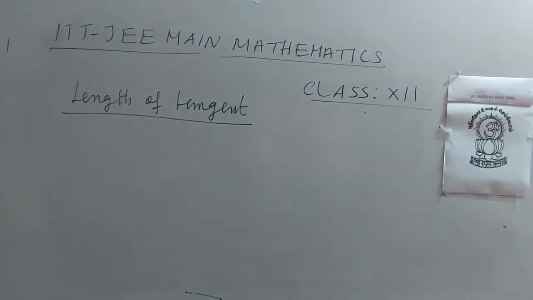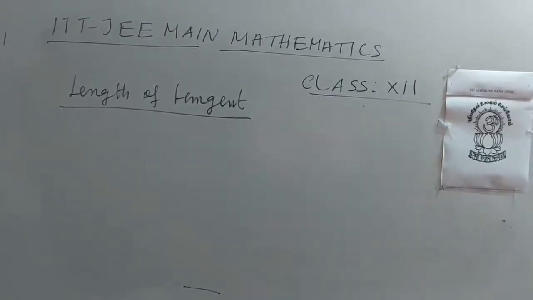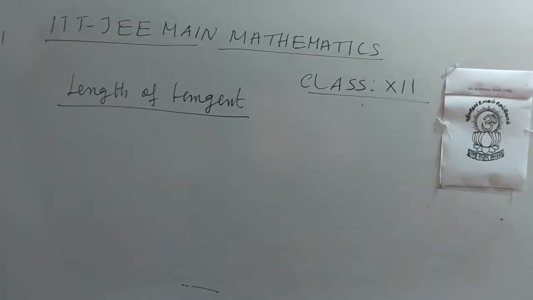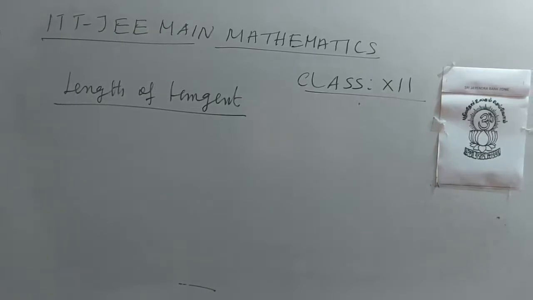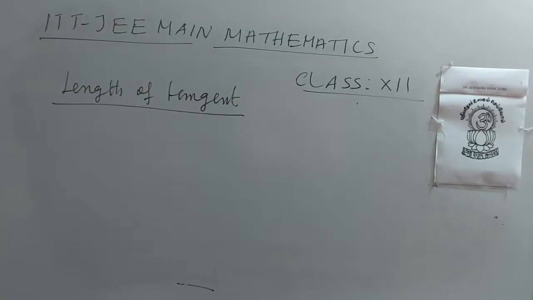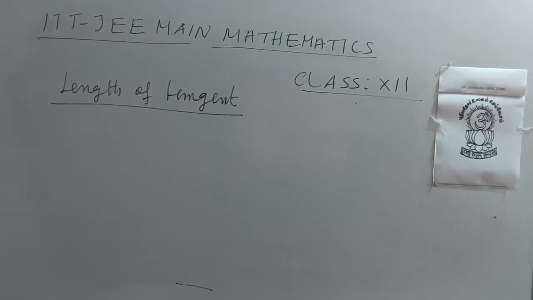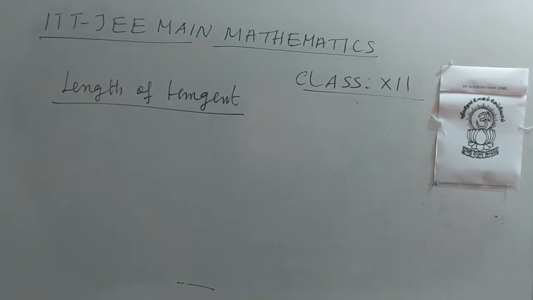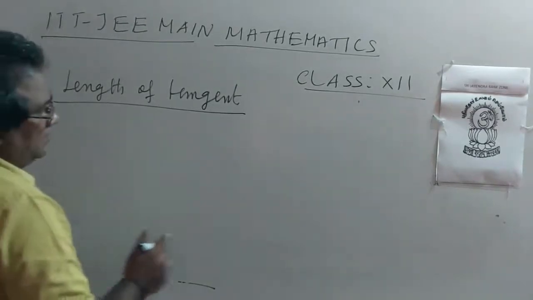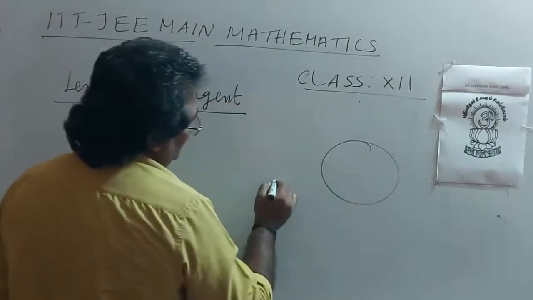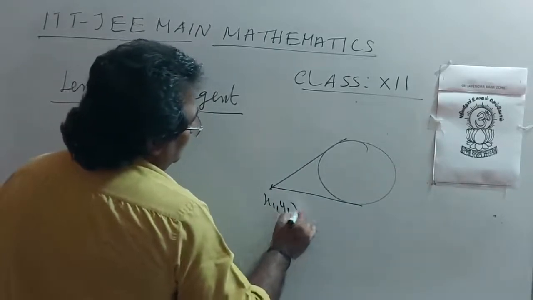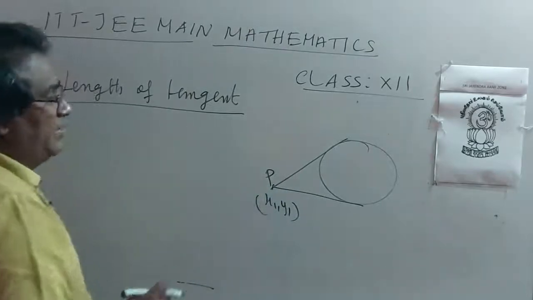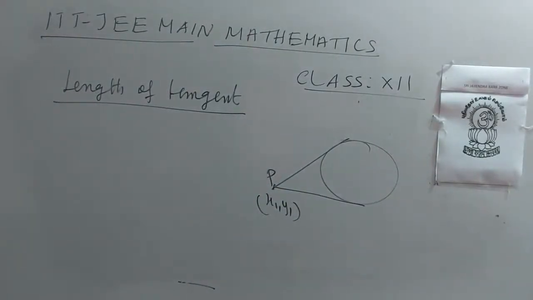Length of tangent. For any point x1, y1 outside the circle, two tangents can be drawn.